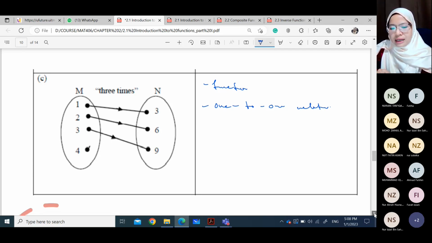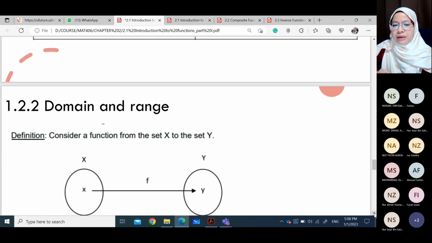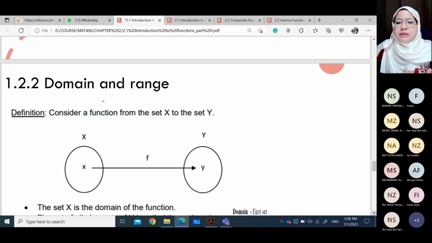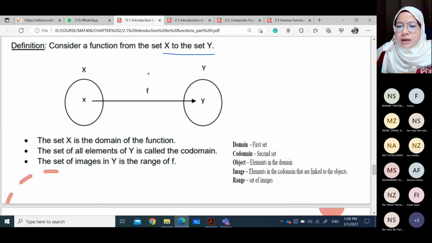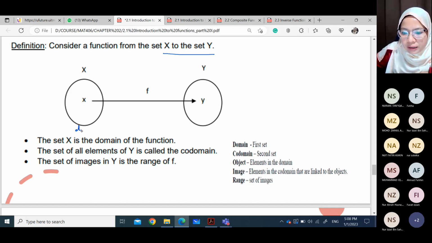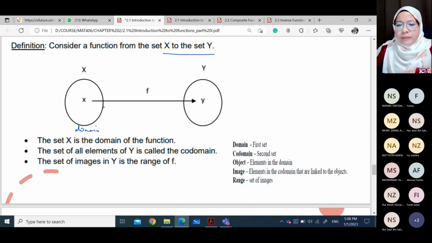Right, so next, look at domain and range. The definition: consider a function from the set X to the set Y, meaning from X to Y. Here we have two sets, X and Y. The set X is the domain of the function, so its input we call the domain.